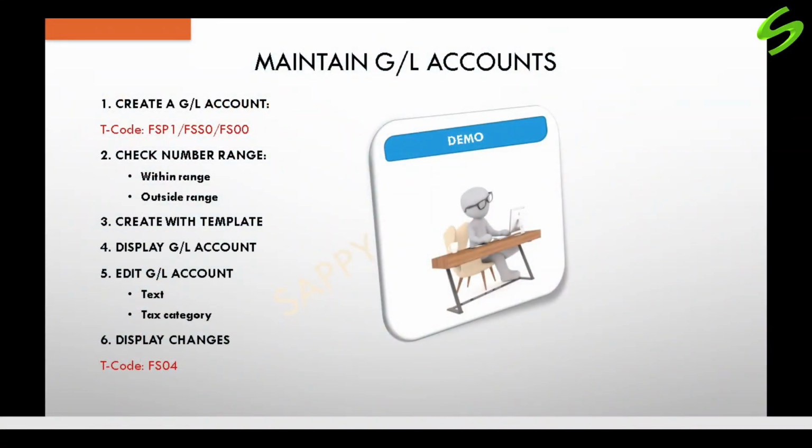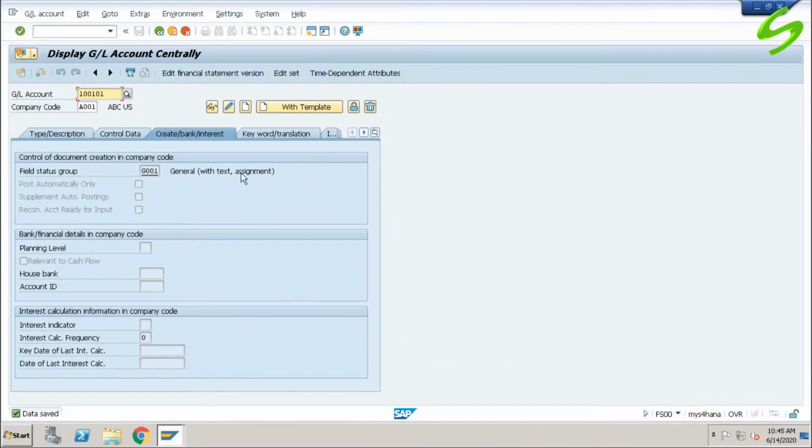We have already seen check number range, within range and outside range. Now let's move on to the third activity, which is create with template. Let's use 101 as a template and create a new GL account 102. Now I give the GL account number, company code, and click on With Template.